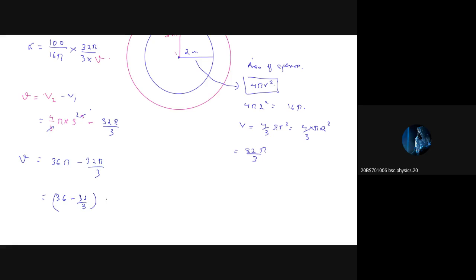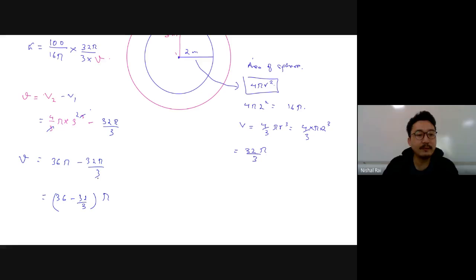Now finally you will be able to evaluate what? From here we can take 2 pi common. Then how much will you get? 2 1s are 2, 2 8s are 16.